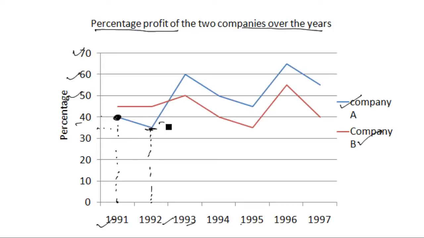Okay, 35%, 40%. Likewise for company B, that is red, this is 45% in 1991. For the red part this is 45%, this is again 45%, and so on, right?